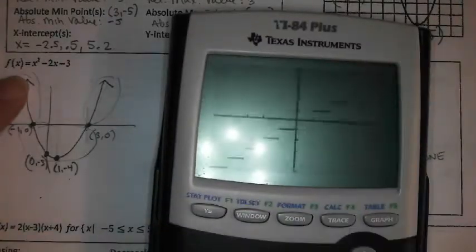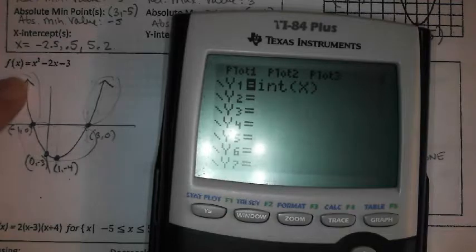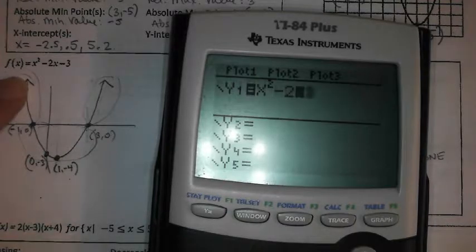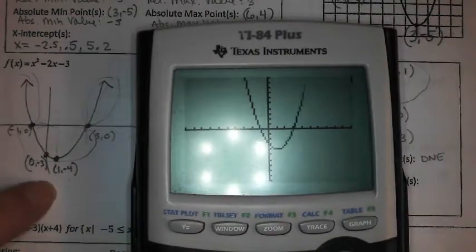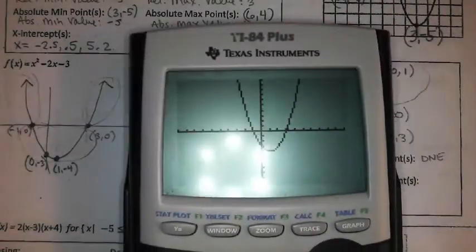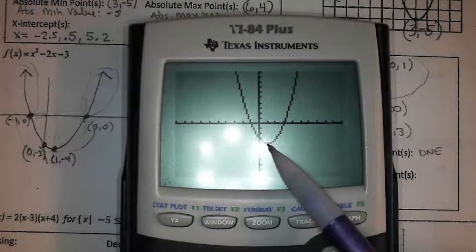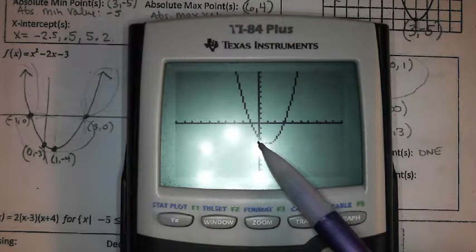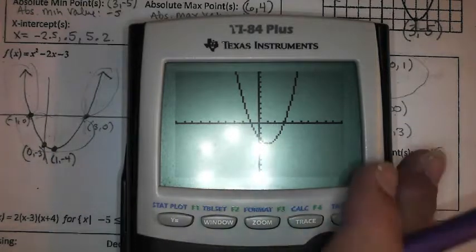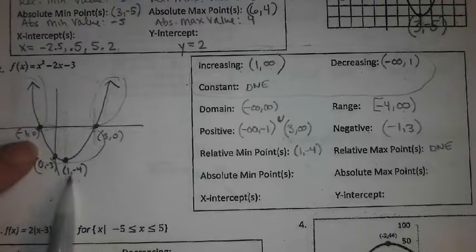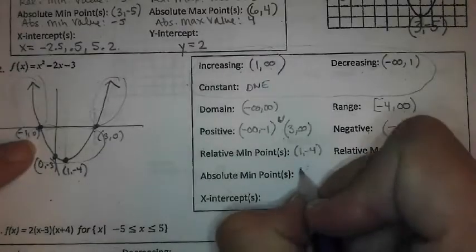Yeah, -3, and then you were looking at the graph, and to get the absolute minimum point, which would be right here, well, it's asking, -4 would be the absolute minimum value, but they did ask for the absolute minimum point, so give both coordinates. Look again. 1, -4, good.